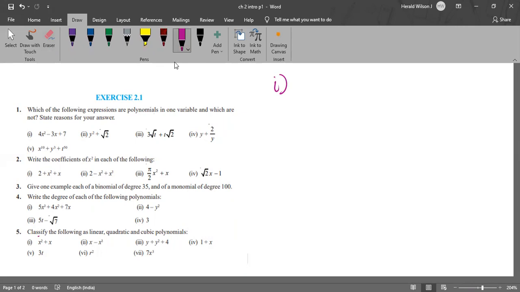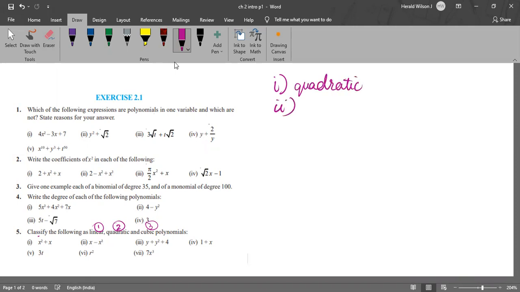Linear, quadratic, and cubic polynomials, you know what they are? When the degree of a polynomial is 1, we say that such a polynomial is linear. If it's quadratic, the degree will be 2. Cubic will be 3. Okay, so the first one is quadratic.